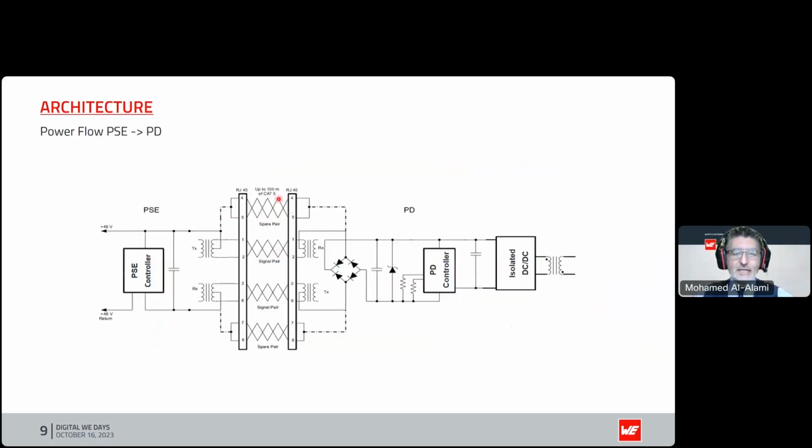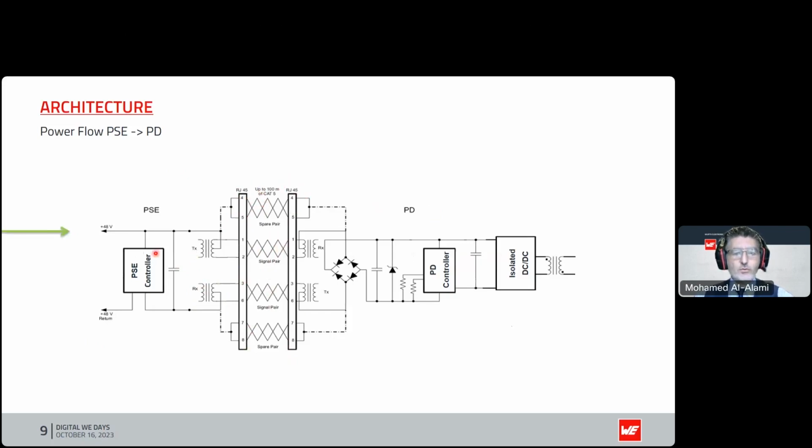So this is a more detailed system representation of the power flow from the PSE on the left to the power device on the right. What we're showing here is the isolation transformer, and this is based on a 10/100 BASE-T, so 2 data pairs and 2 spare pairs, basically, in the Cat5 cable. This is the RJ45 at the PSE end, this is the RJ45 at the PD end, and this is up to a 100-meter cable between.